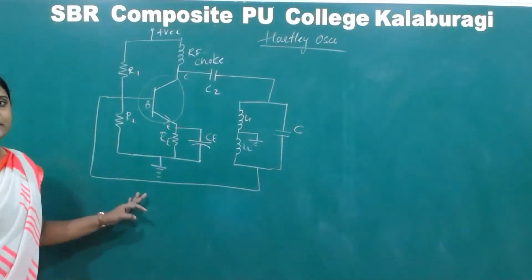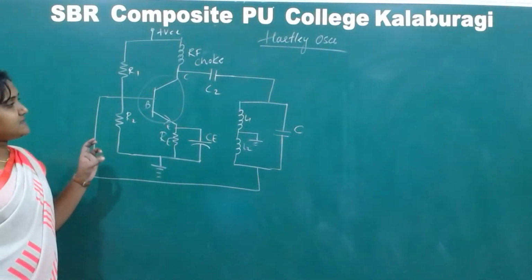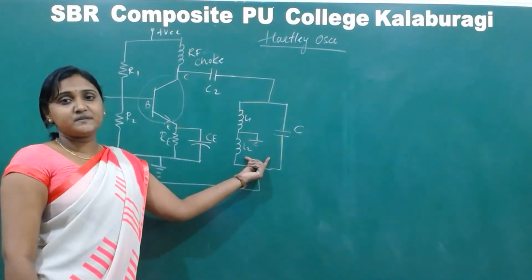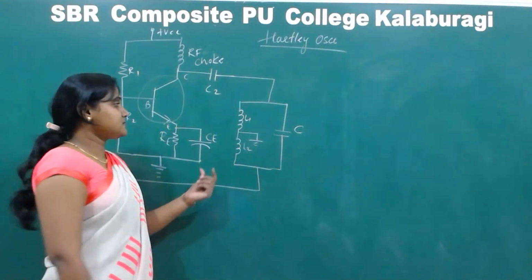So basically it comprises 3 units: an amplifier, and the tank circuit, otherwise the frequency determining circuit.